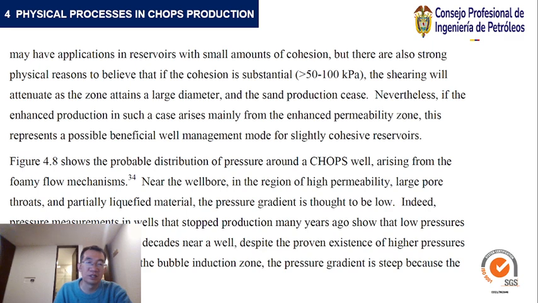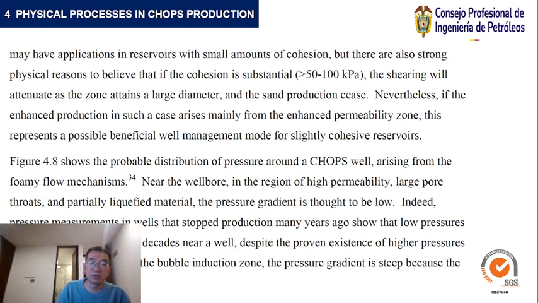Indeed, pressure measurements in wells that stopped production many years ago show that low pressure can be sustained for several decades near a well, despite the proven existence of higher pressures in interior regions.